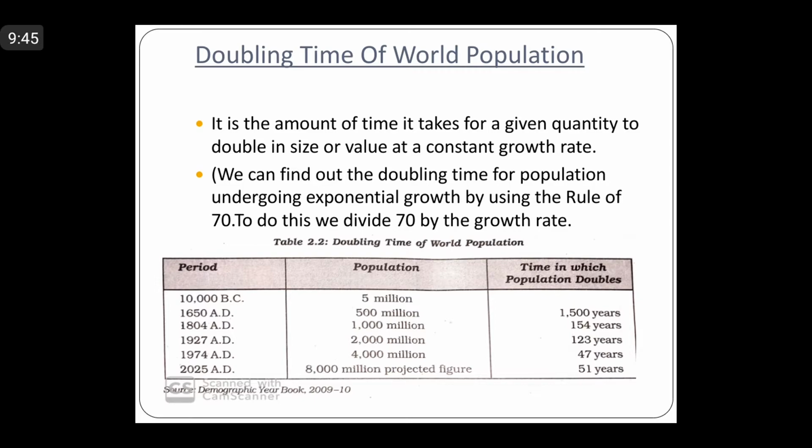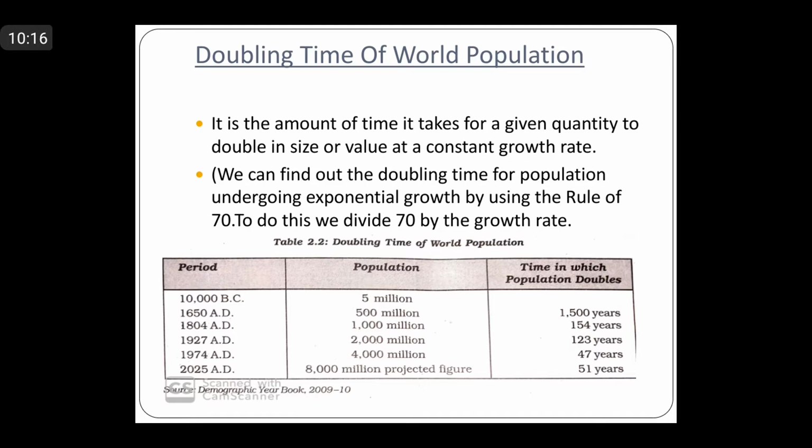Now here, with the help of this table, you can see the periods given are 10,000 BC, 1650, then 1804, 1927, 1974 and 2025. And the population is given here as 5 million, 500 million. Then the doubling of the population is shown, and the time is also given, right?